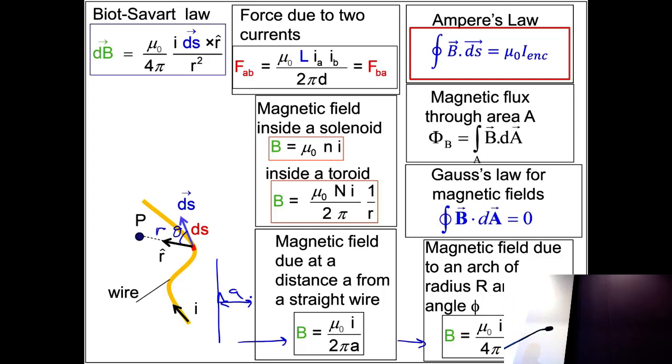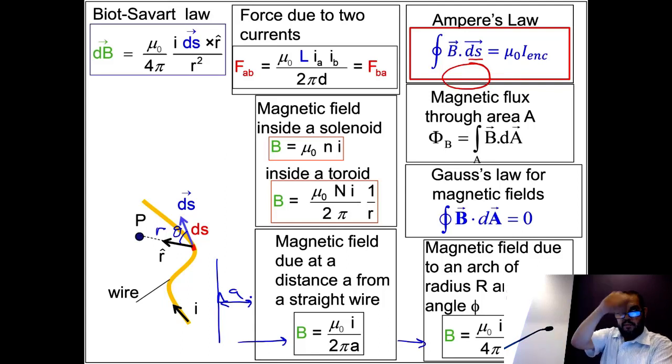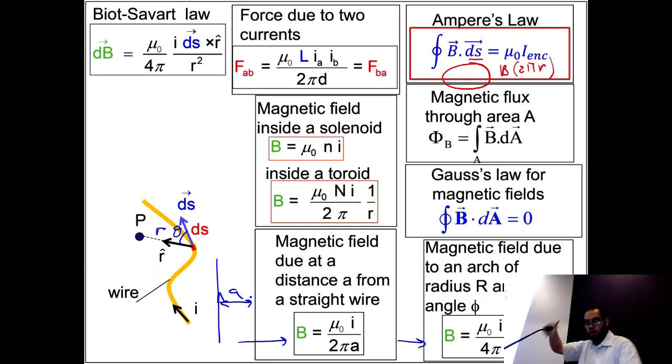Yes. What is the difference between DS and DA? DS is usually a length element. DA is an area. Here, in this case, we have DS. Usually you have a closed path, so you're integrating B over a closed path. For a circle, for example, this will be B times 2 pi r if the Amperian loop is a circle.